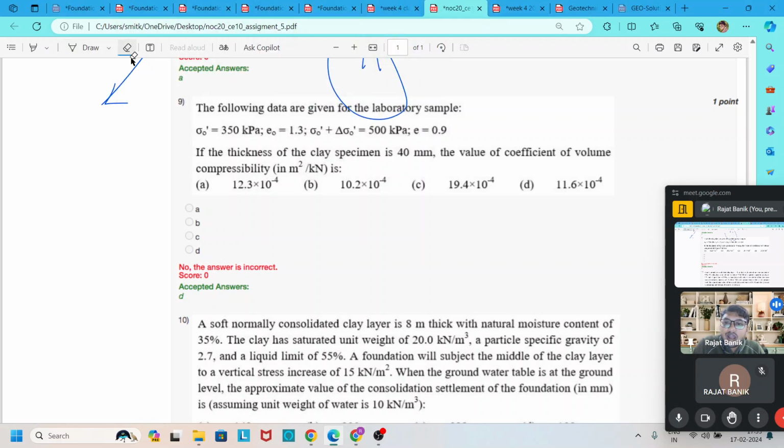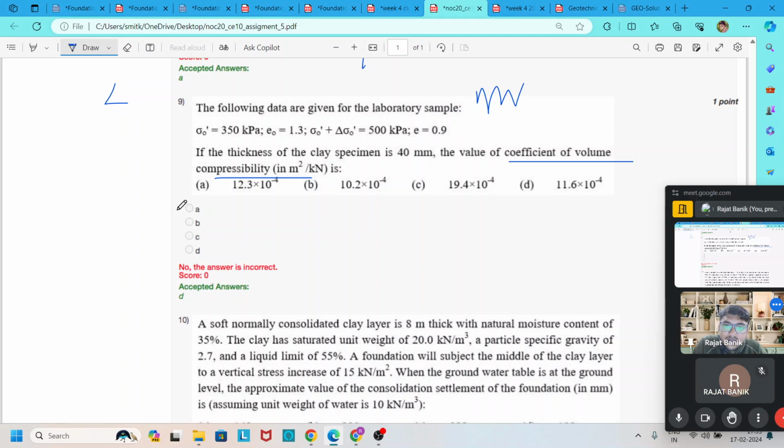In question number 9, it is said to find out the volume compressibility, the coefficient of volume compressibility, that is mv.